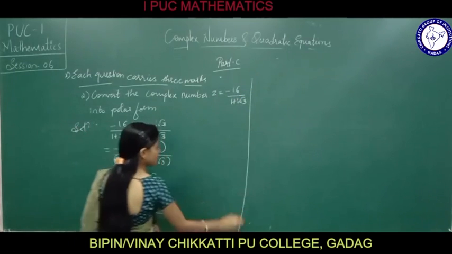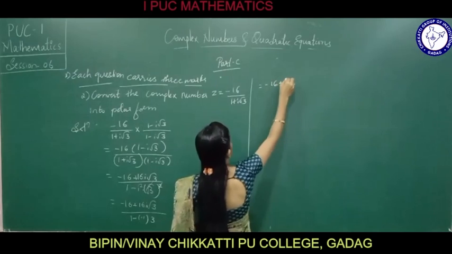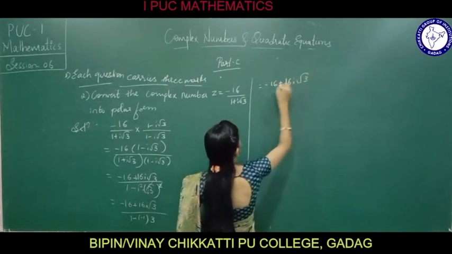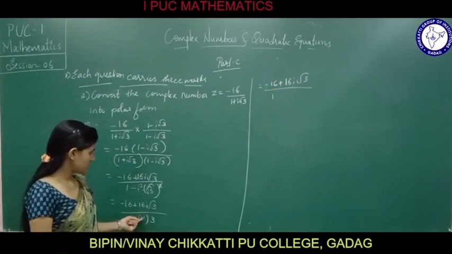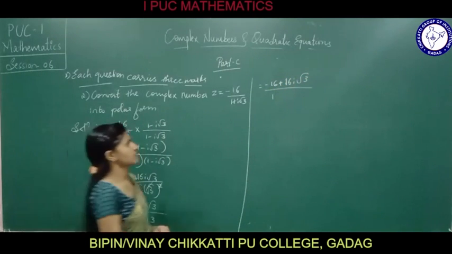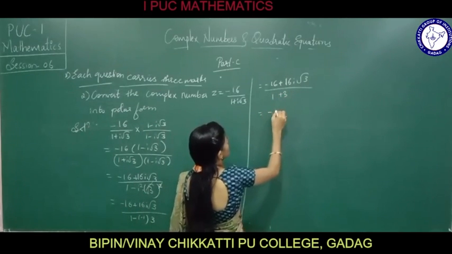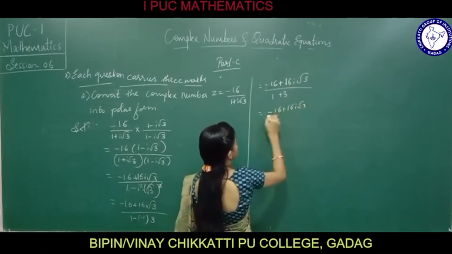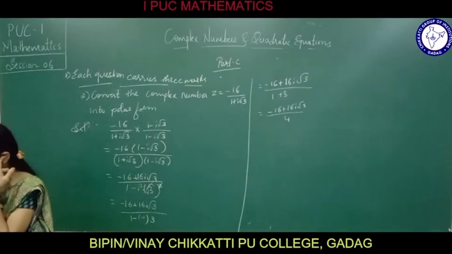Then on further simplification, what I am going to get? I am going to get minus 16 plus 16 i root 3 divided by 1, minus into minus is plus, 3 ones are 3, 1 plus 3, nothing but minus 16 plus 16 i root 3 by 4. Right, I got this much.